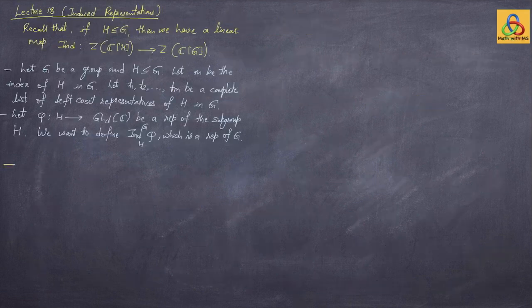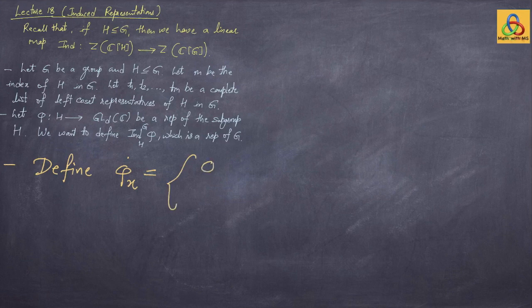Let us set a notation here which is analogous to induction of a class preserving function from the subgroup H to a class preserving function on the group G. Define this dot notation, phi dot of x, as follows.